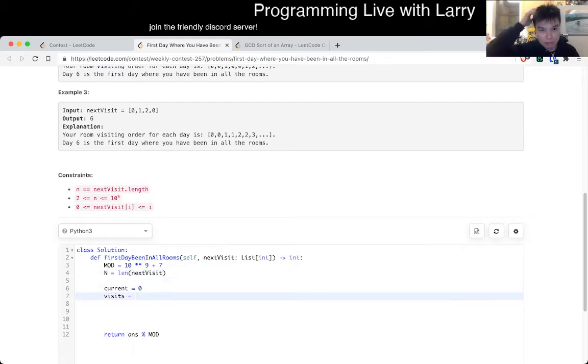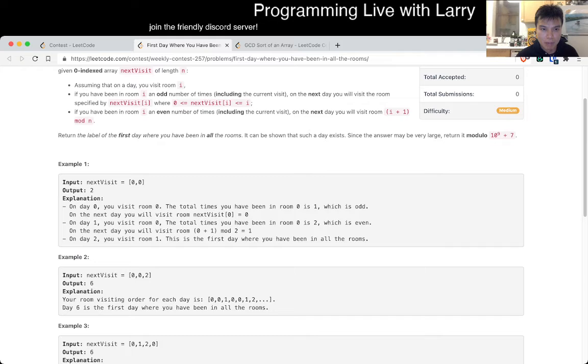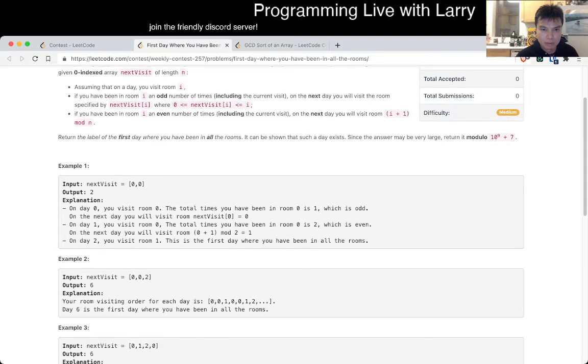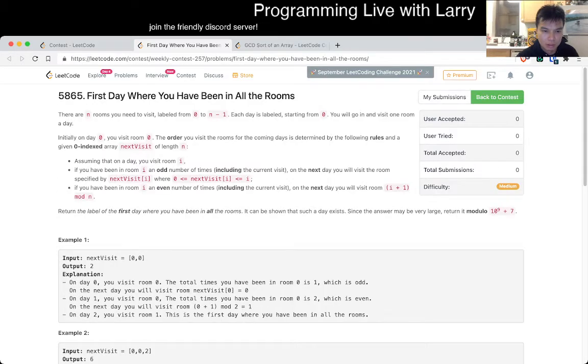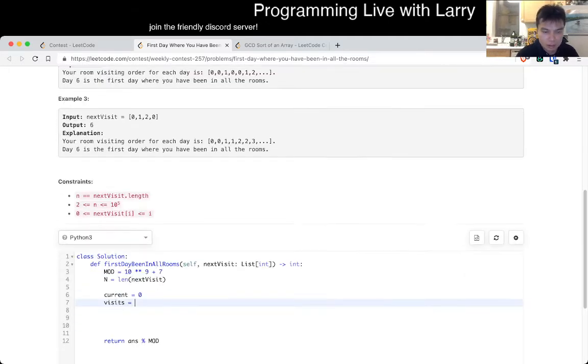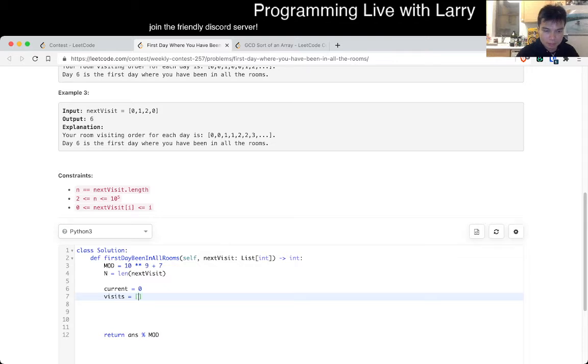Unless I'm wrong. I feel like there's no way to go back and forth. No, I don't think there's an infinite loop, and if there's an infinite loop, there's just no answer anyway. So that doesn't even make sense. So, okay.